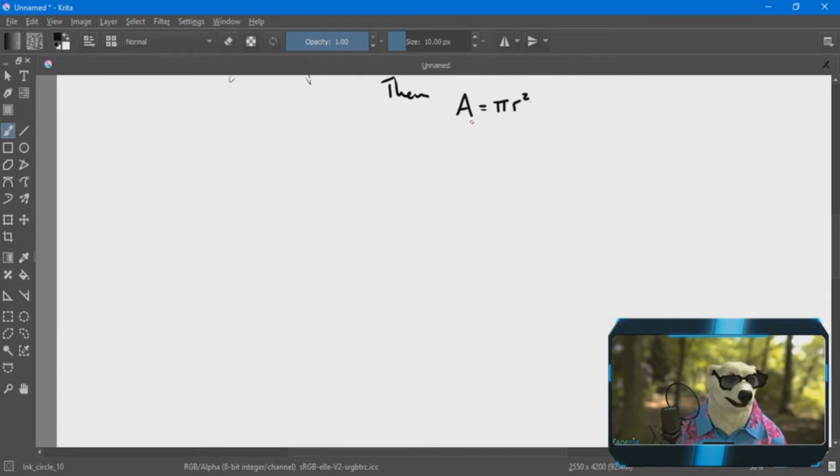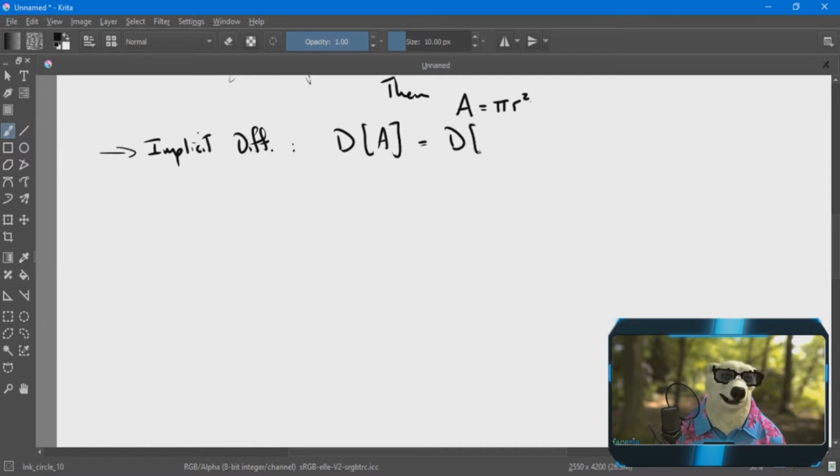In order to do that, I'm going to write over here. We are using implicit differentiation to get those derivatives by taking the derivative of whatever is on the left, taking the derivative of whatever is on the right.